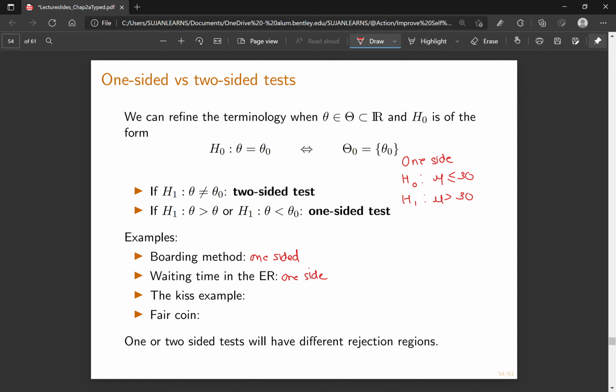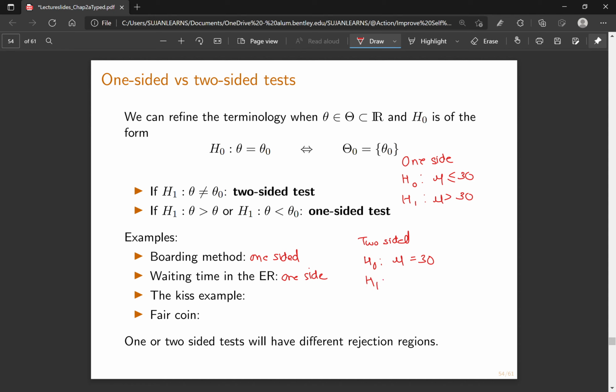Now, let me give you a two-sided version of this test. The null hypothesis would be that Plainsboro Hospital's mean is equal to the national average of 30, and truly we are trying to see whether it is different from the national average.